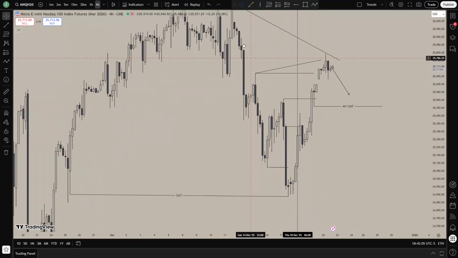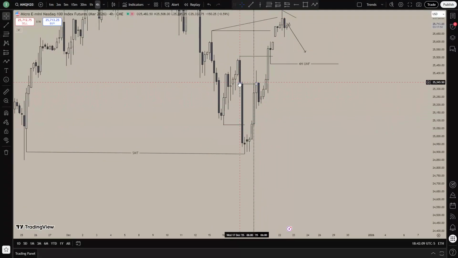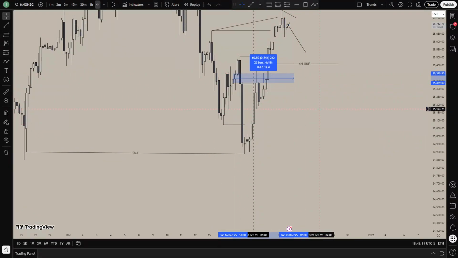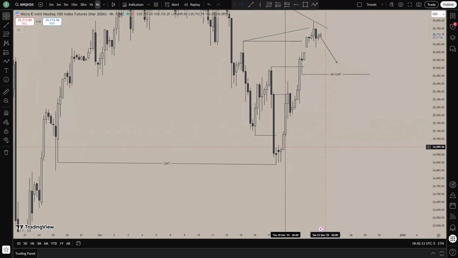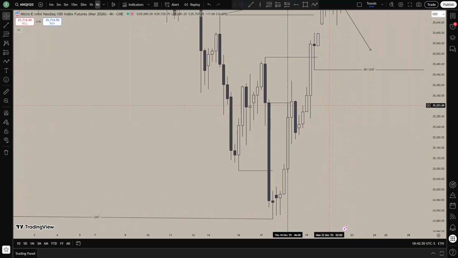For example, we're inside this here. Forget this gap, this is not a fair value gap. The next draw would be this 4-hour unfilled gap. So what do I want? I want longs towards this gap. We might not have confirmation yet, but it's kind of clear that this is going to get hit. You follow me? I don't know if I explained that well.